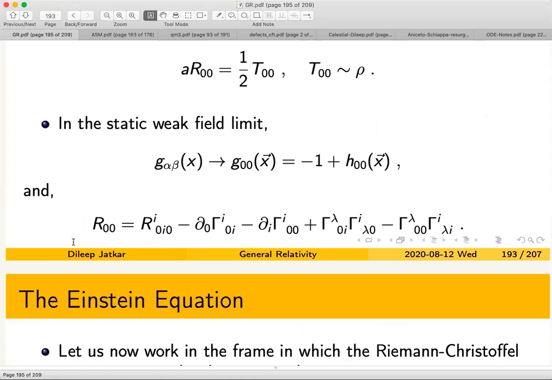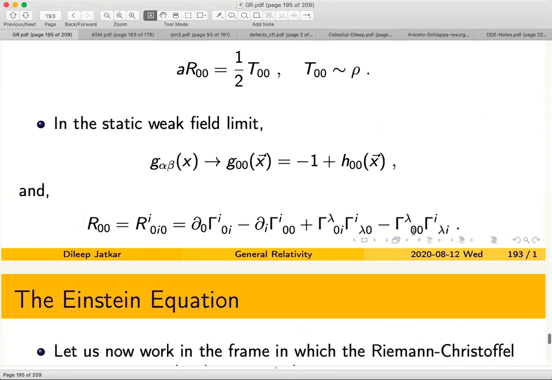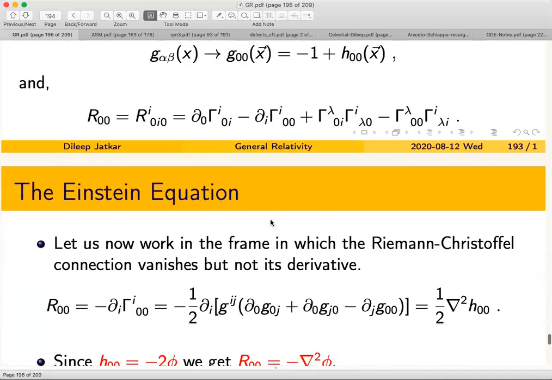All I've done is basically use the Riemann tensor definition and write it in terms of the Riemann-Christoffel connection.